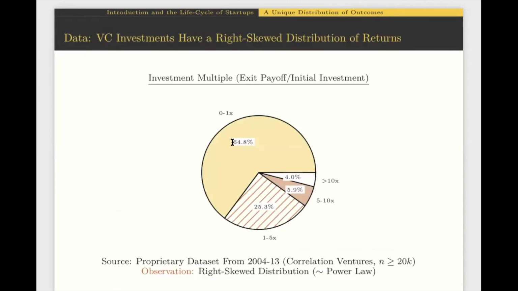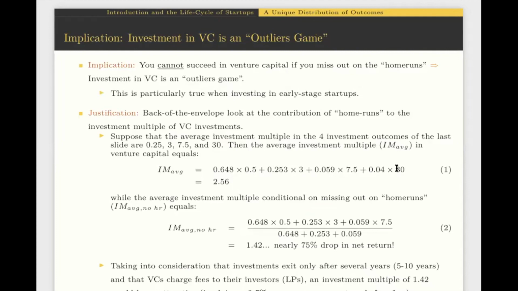So I'm assuming that in this 65%, on average, they generate a 0.5 investment multiple, which represents a loss of 50%. I'll take the midpoint in this range as well, so I'll assume that the small successes on average generate a 3x return. I'll assume that the average of the medium successes is a 7.5 times return, and for the greater than 10x, I'll assume an average investment multiple of 30.